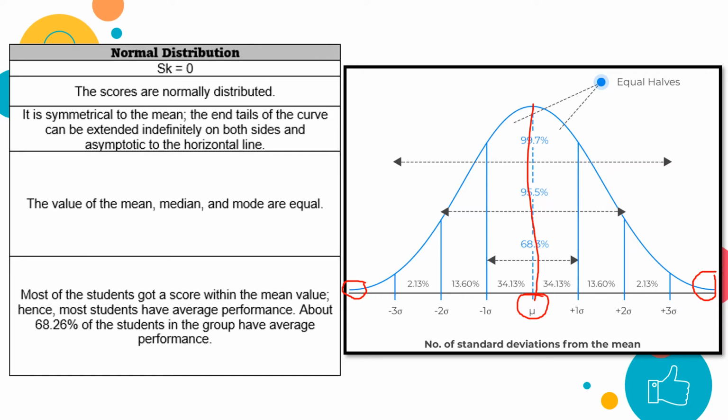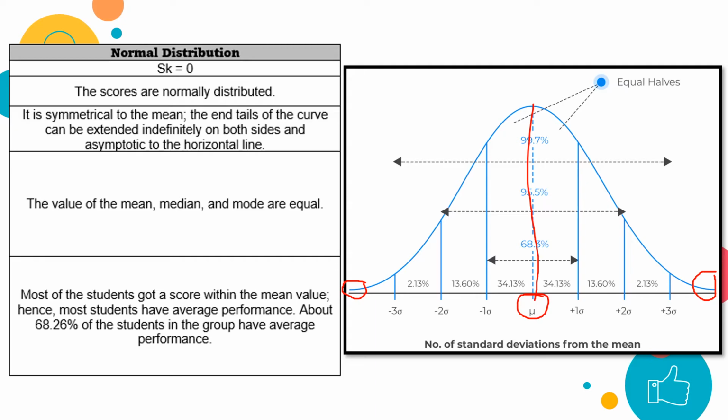Now, for the case of normal distribution, all the scores cluster within the mean value. If the mean value is 35, most likely the scores are close to 35. They all focus there. So that is for the normal distribution.